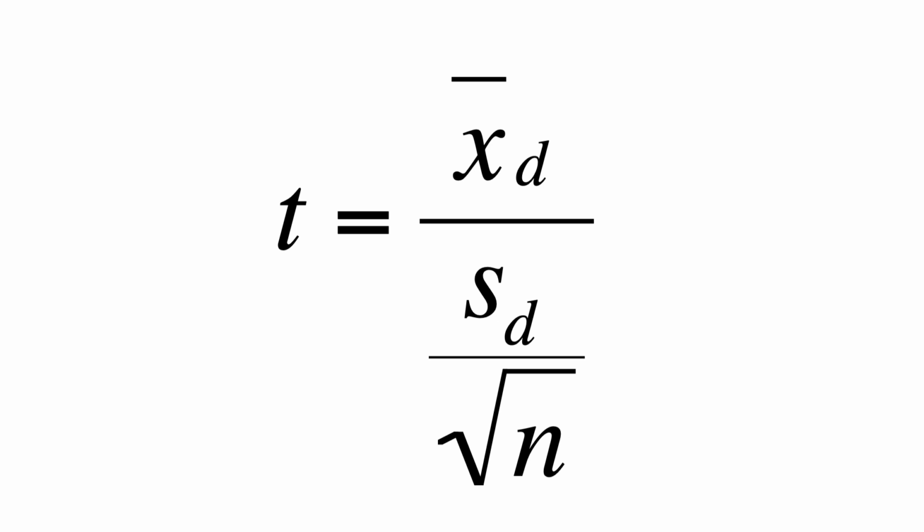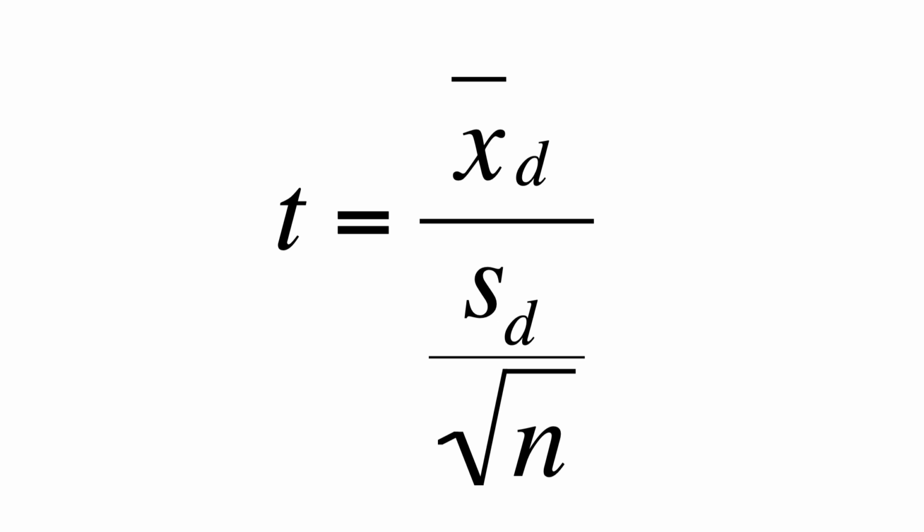Okay, so we understand the logic of this. With pairs of observations, that's why it says x bar sub d. That's the average difference. Again, it's the same formula. You're looking at that, saying, no, it's not the same formula, Dave. Why doesn't it say minus mu?